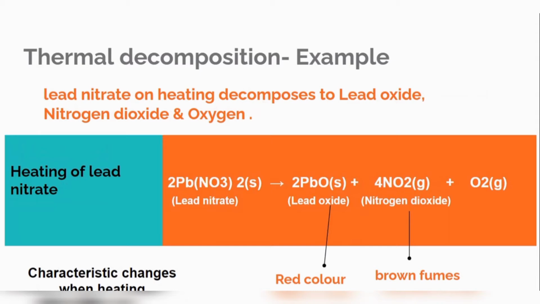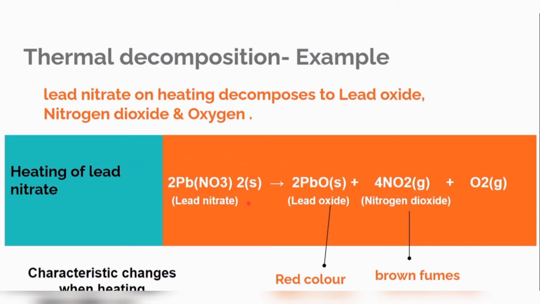Now, the third example of thermal decomposition is the heating of lead nitrate. What is the formula of lead nitrate? Pb(NO3)2.